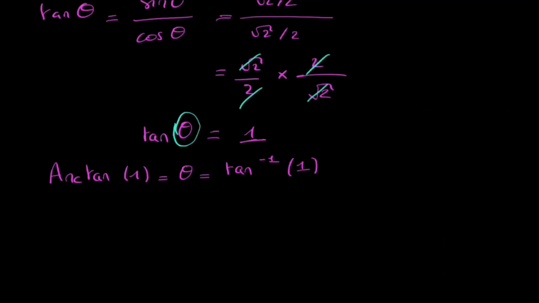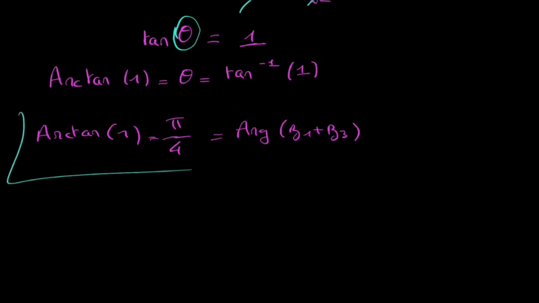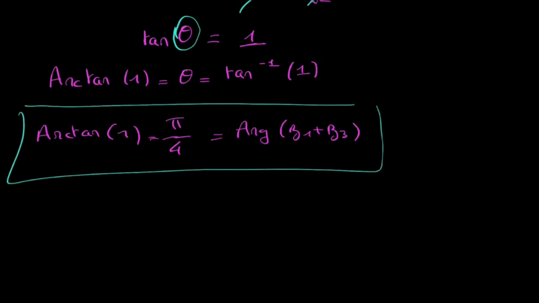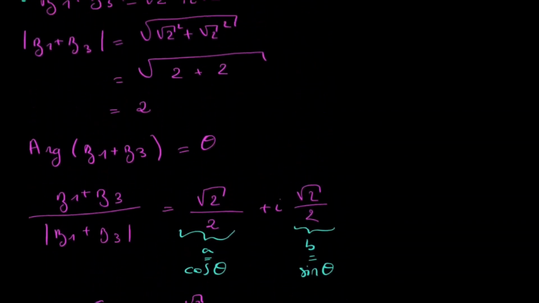Okay, and arctangent of 1 equal pi over 4. Okay, and this is the argument of z1 plus z3. And the modulus here.